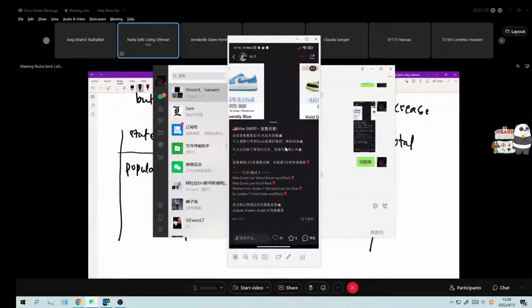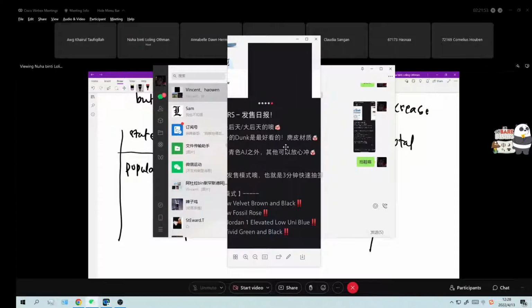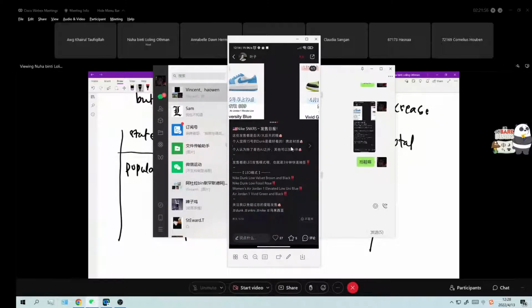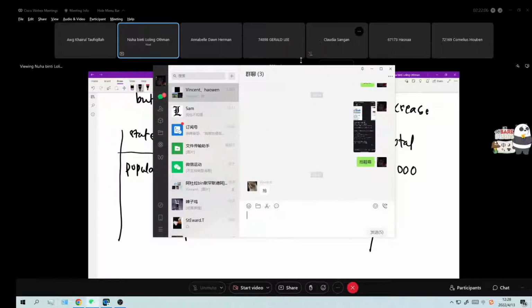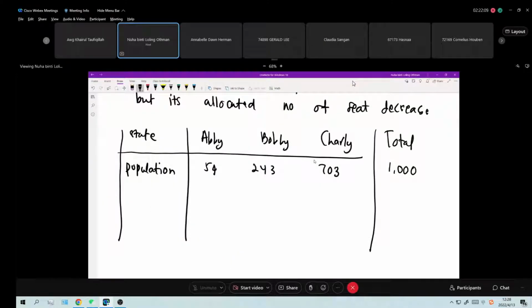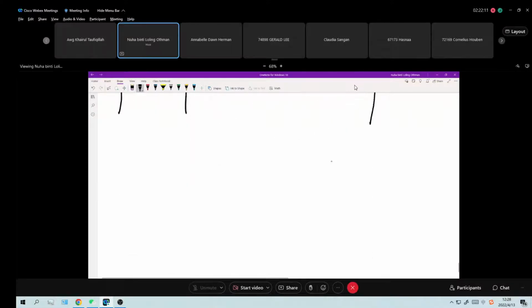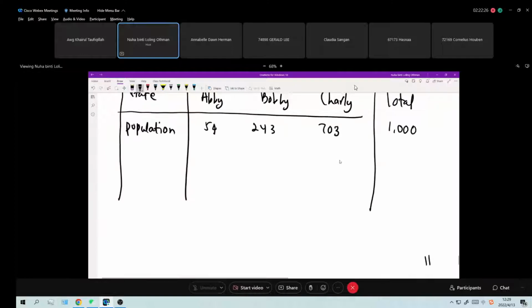Okay, so this one and then okay. So problems here. A mother decides to split 11 candy bars among 3 children: Abby, Bobby and Charlie, based on their chores.